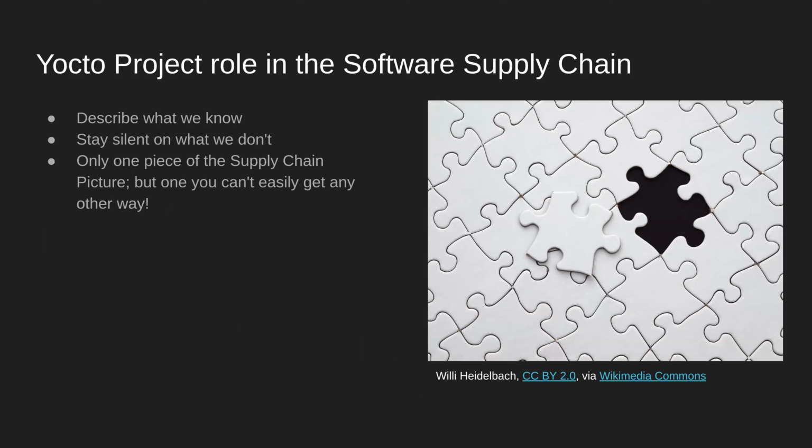As I alluded to earlier, what is the Yocto Project's role in the software supply chain? What is it that we generate in the supply chain? As I said, we really want to describe what we know about the build, authoritatively, and not try to guess; we're going to stay silent on things that we don't know.